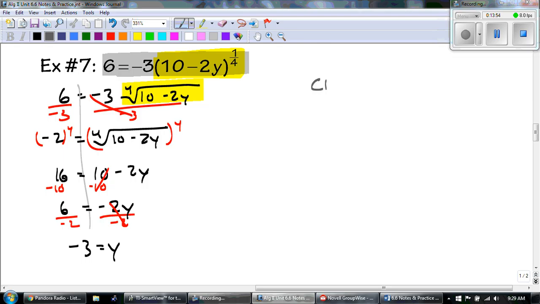So now we're going to come over here and we have to check for an extraneous solution. So we get 6 equals -3 times the 4th root of 10 minus 2 times -3. Okay, and you guys are on your own. Pause the video and good luck.